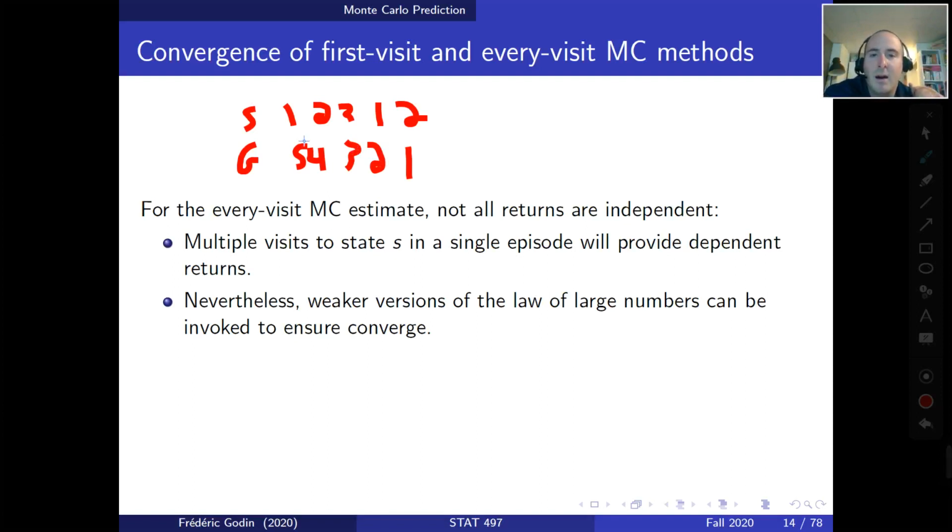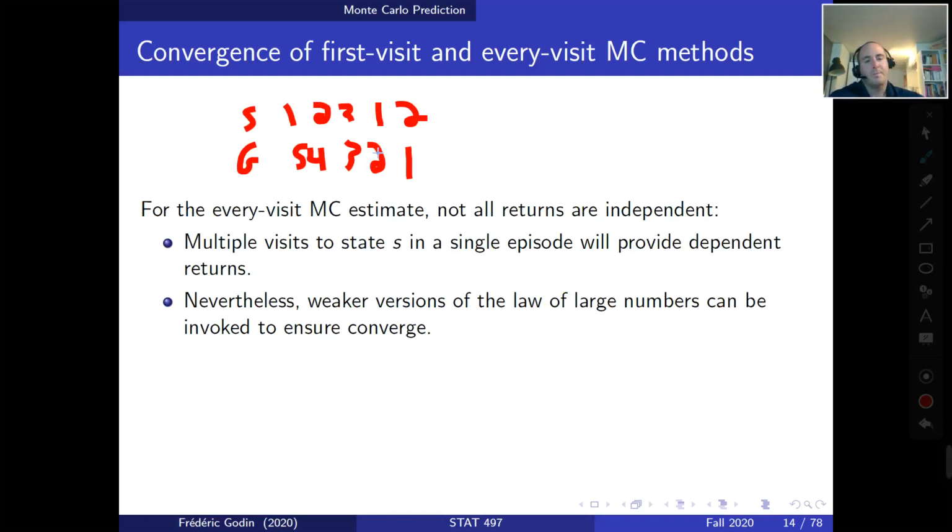Okay, so here clearly the return at that point and the return at that point, they're dependent because both the return here and the return here involve summing the reward at time 5. Okay, so if you change the reward at time 5, which was 1, the return here and here would both change. So you can see that the returns are dependent. The returns for all visits to state S in that path were dependent.